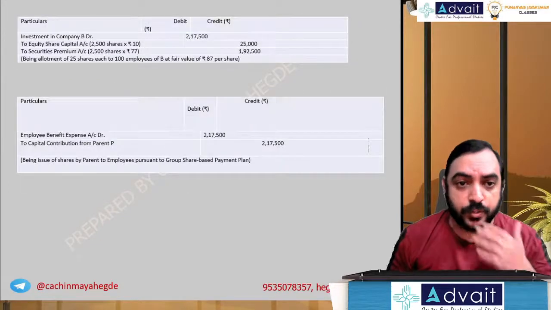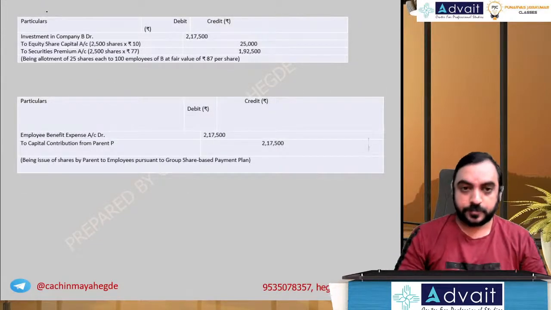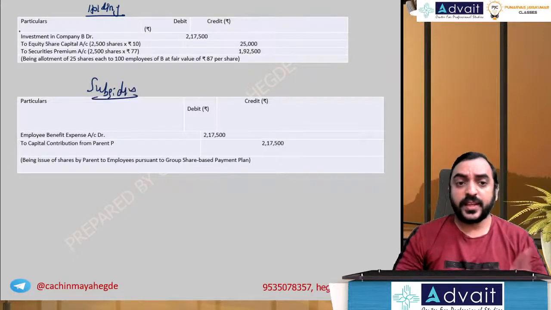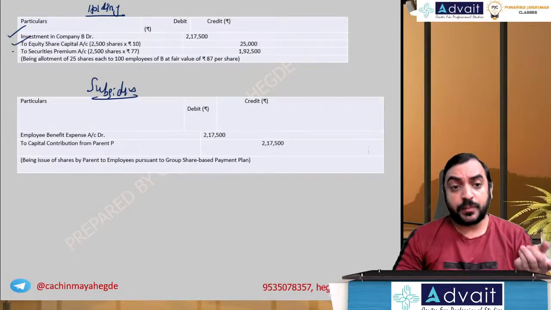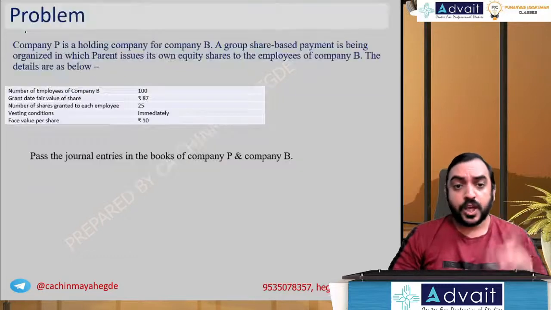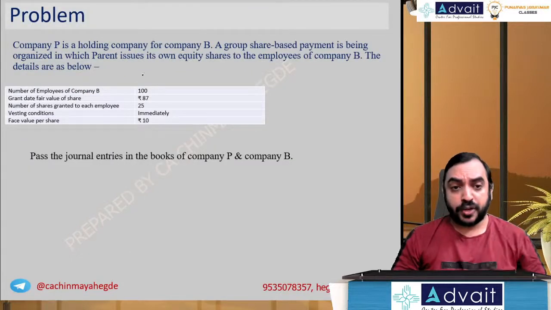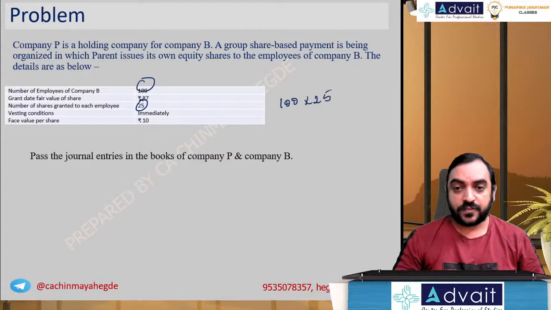Okay, so in the books of the holding company: investment account debit, to share capital, to securities premium. How much is the amount? Number of employees 100, number of shares per employee 25. So 100 into 25, and fair value is 87.